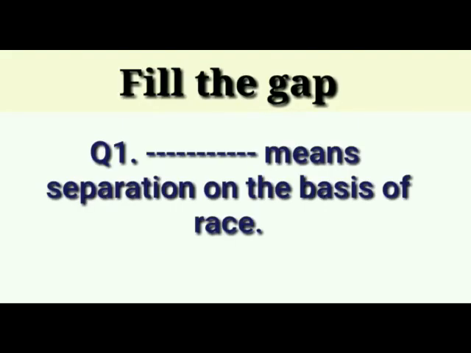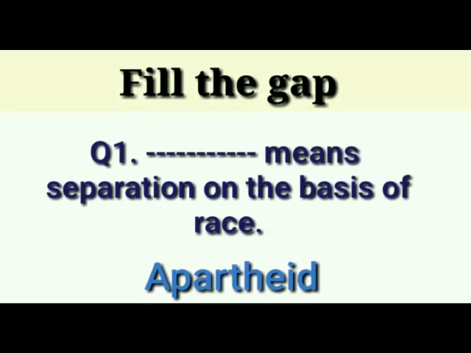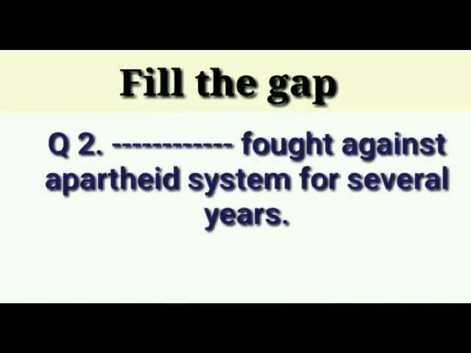Chapter 4 Key elements of a democratic government. So let's start. First question is dash means separation on the basis of race. Answer is apartheid. Next question is dash fought against the apartheid system for several years.